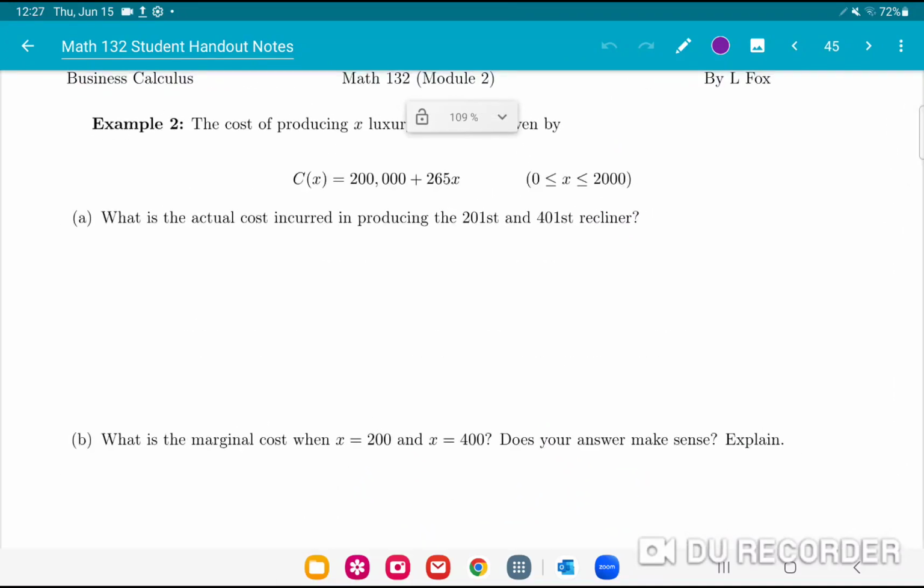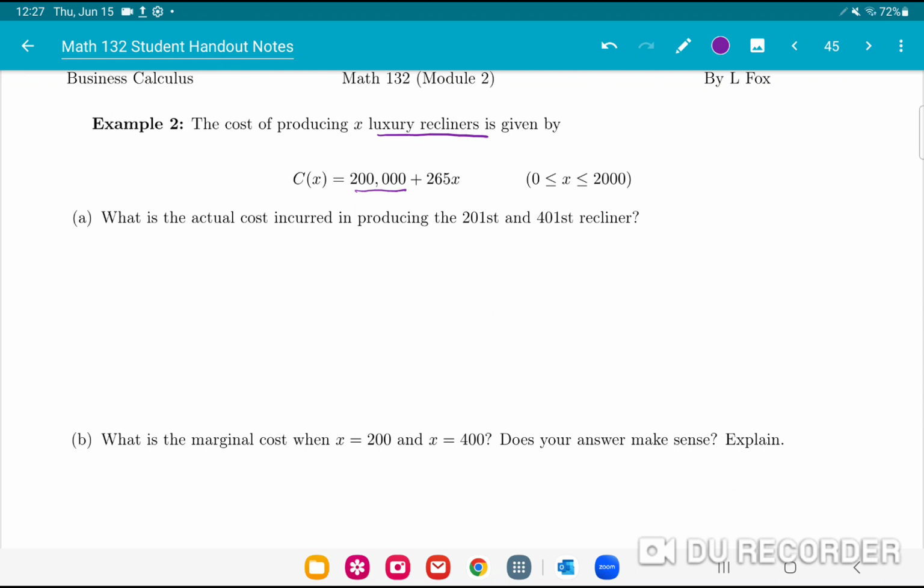I have a cost function given by 200,000 plus 265x. Well, the way we think about this is this is a fixed cost. If you produce 0 units of items, in this case recliners, you would pay this much money just for setting up the company.